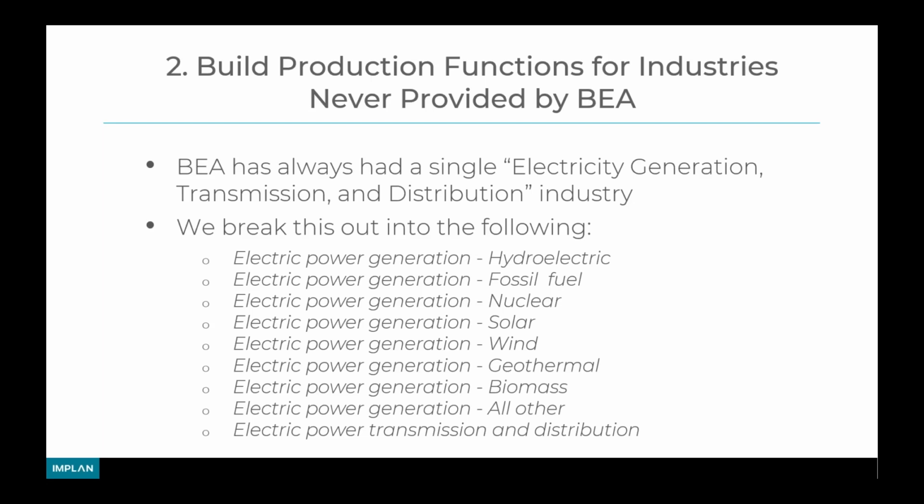These data sources, along with some others, allow us to create distributors such that we can split out that BEA single sector into many. So that's one of the main reasons we differentiate there: rather than just one industry, we have 9.